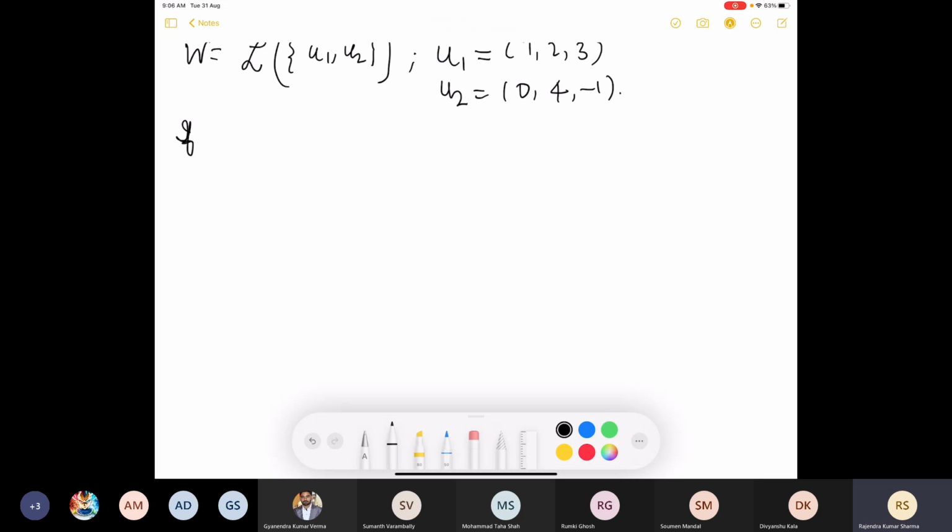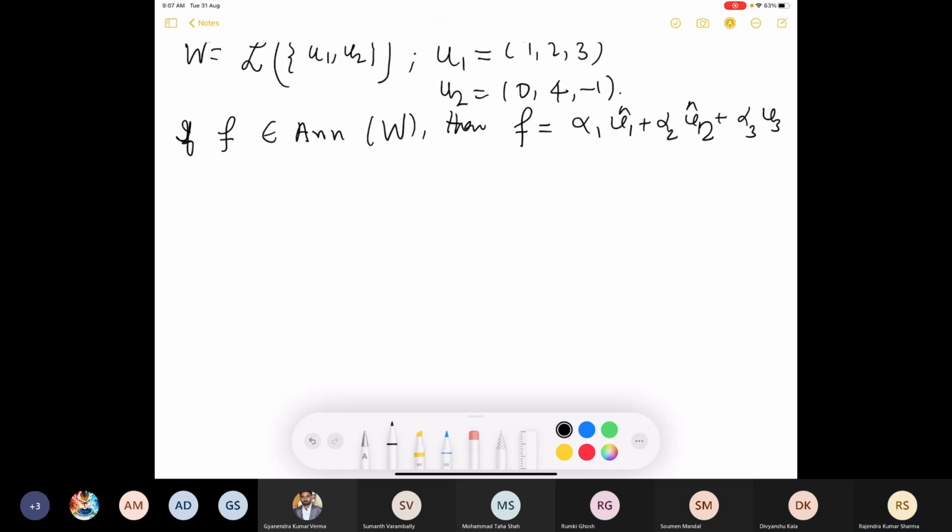Now let us take f in the annihilator of W. Then f must be a linear combination of the basis vectors v1 hat, v2 hat, and v3 hat, where the alphas are from R. Alpha is from F, and F is R.